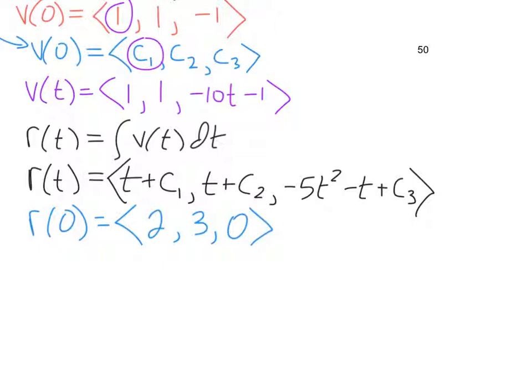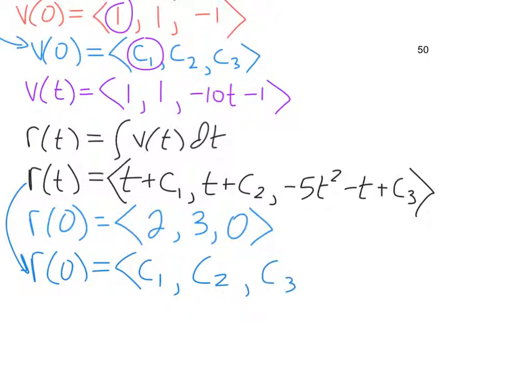I'm going to apply an r sub 0 to this. Time it out, skipping steps. I'm confusing everyone. So r sub 0, based off of this guy, would be c sub 1, c sub 2, and then also c sub 3.